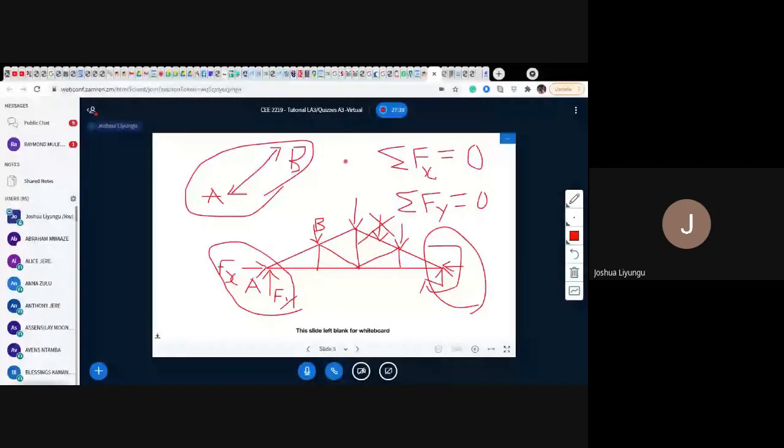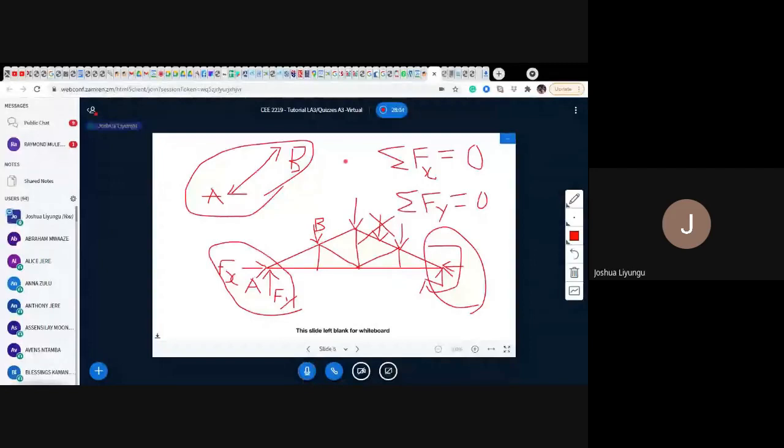When analyzing these problems using the method of joints, always start at a joint with at least one known force and the maximum of two unknown forces. Don't forget that.